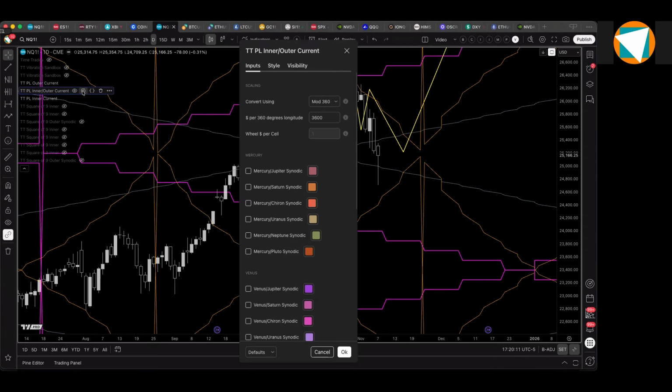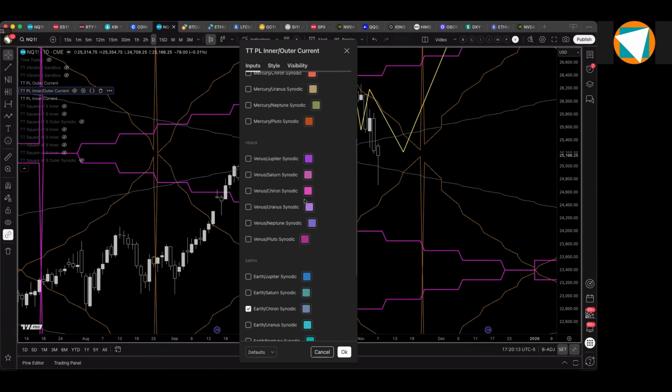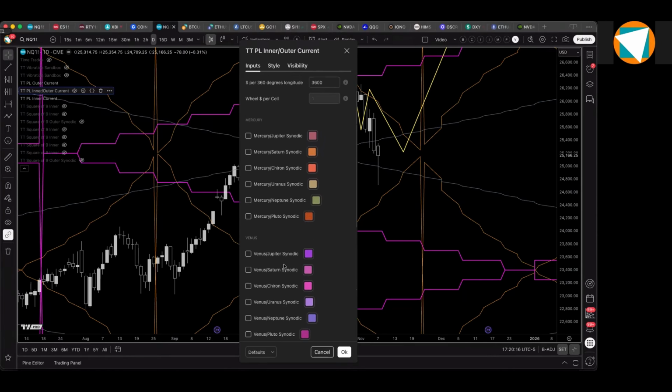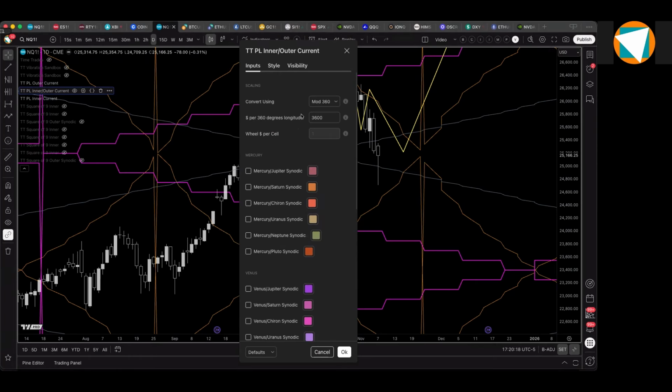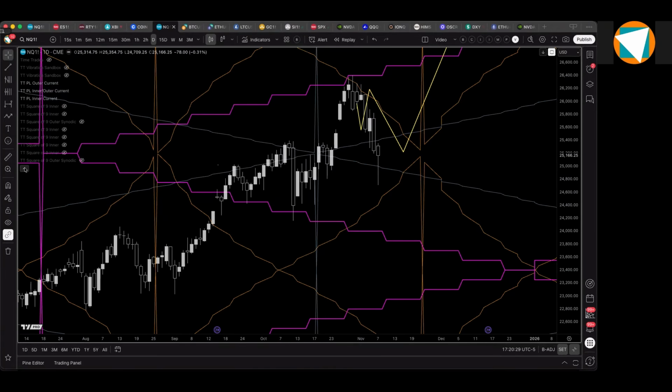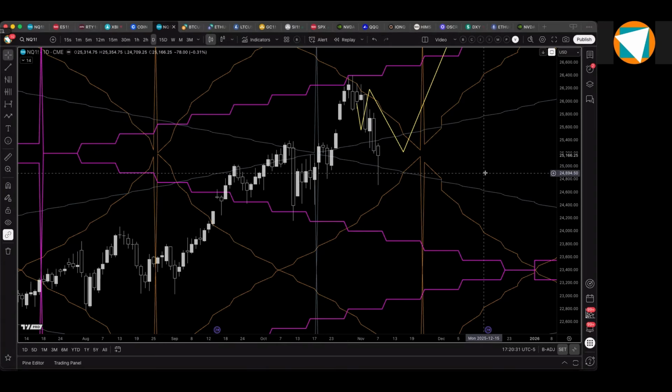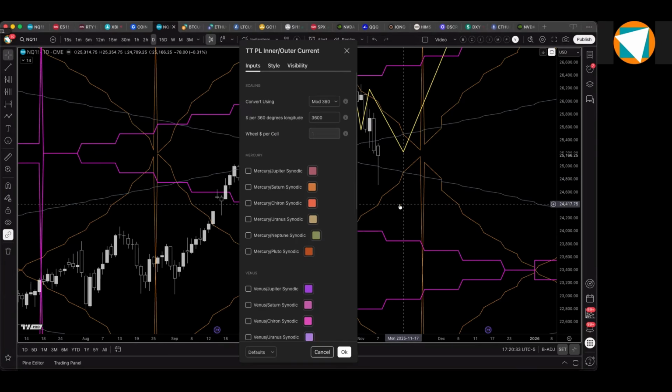This captures combinations of the inner planets and the outer planets. Here we've turned on Earth Chiron. Again, we're careful to use the same scaling factor, 3600 using mod 360, because it's Earth, one of the inner planets. That gives us these light blue lines here.